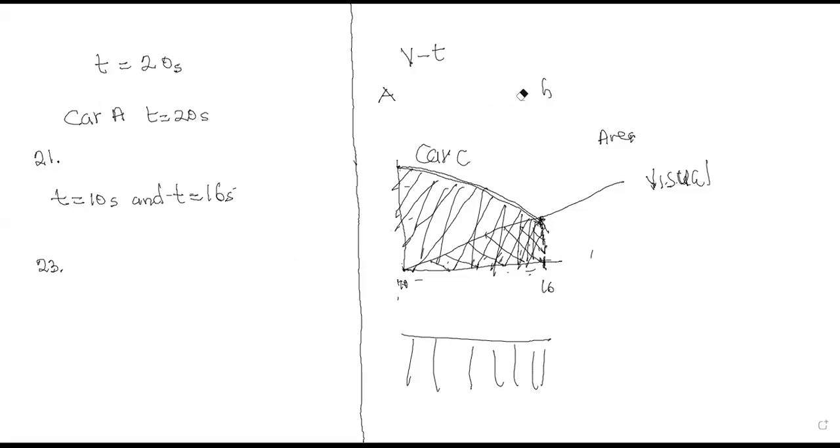What is your reason? It shows a straight line with a constant positive slope, indicating a constant speed as the distance increases steadily with time.